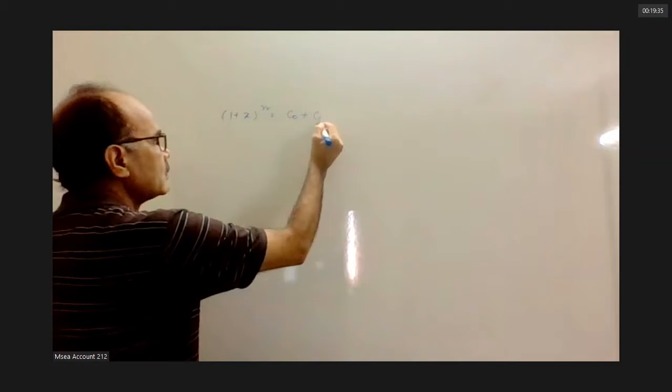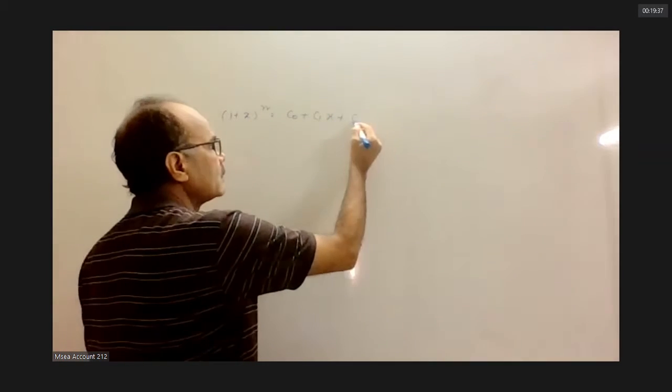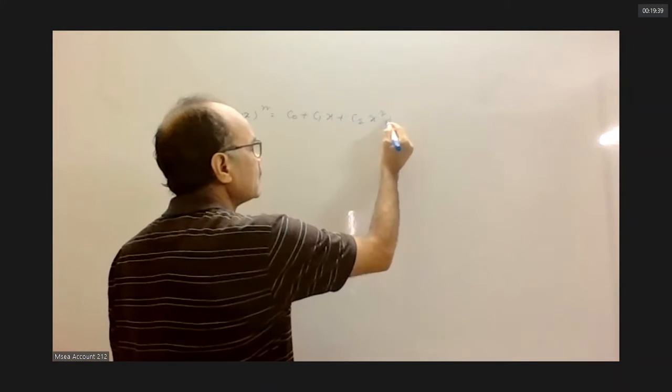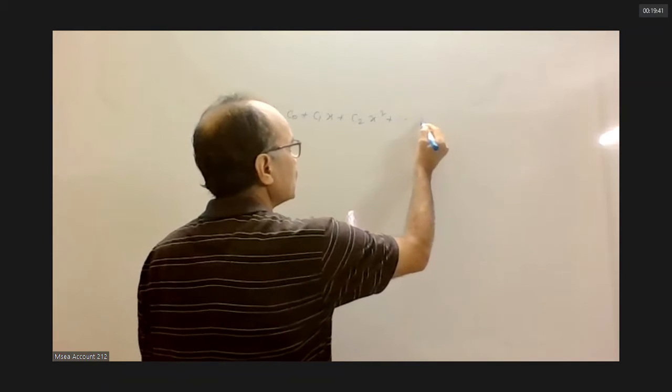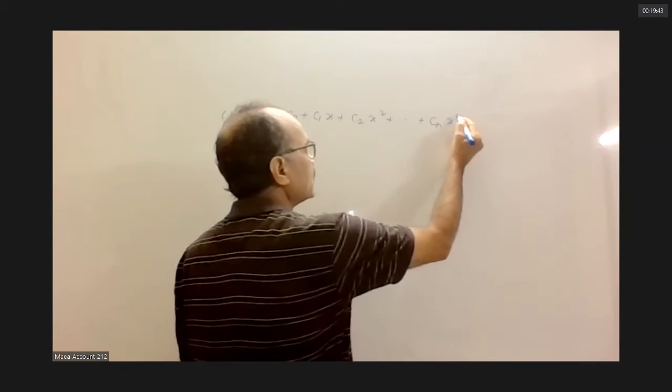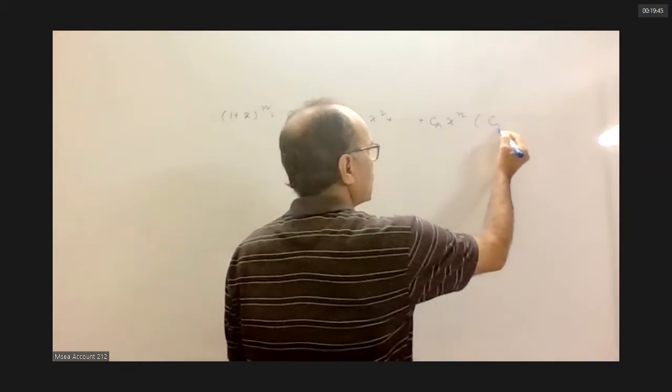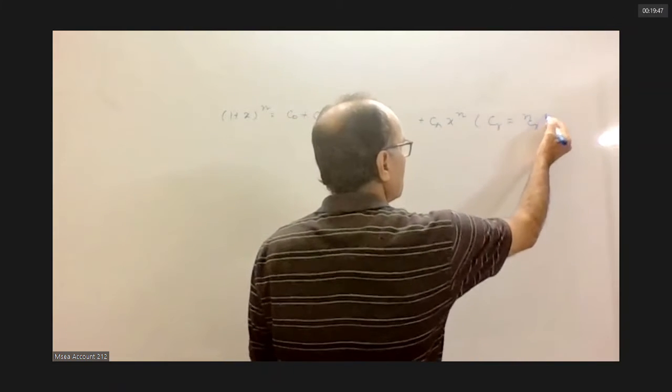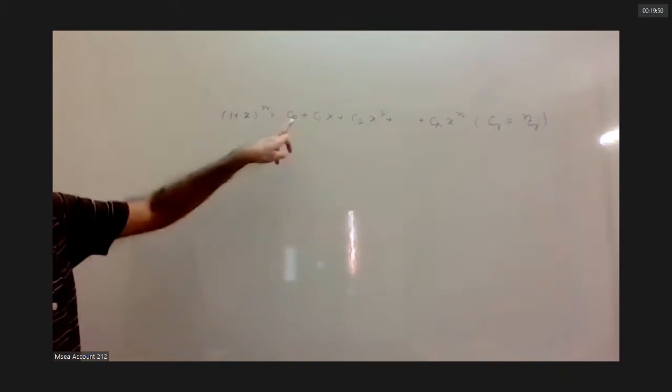Next, sum of binomial coefficients. Here Cr equals nCr. Okay, in short, we write like this.